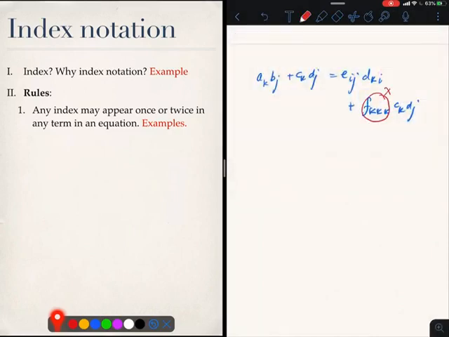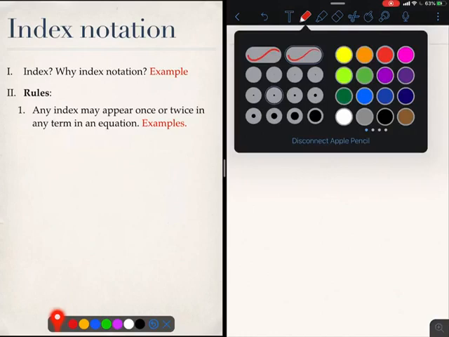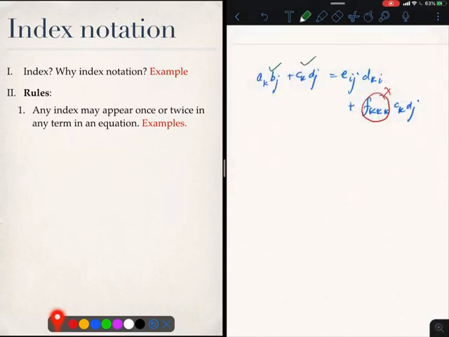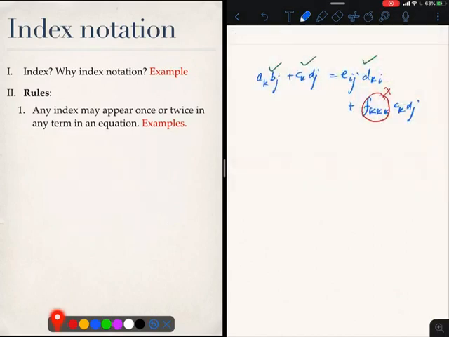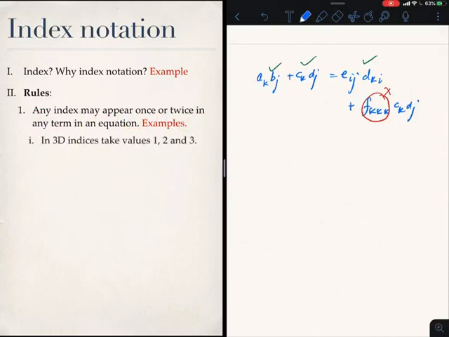These are correct. So these terms are correct, and that's a wrong term. All right. So that's what this statement means. That's one rule.